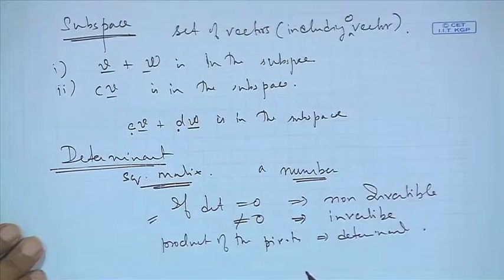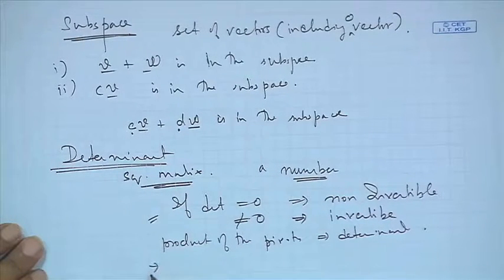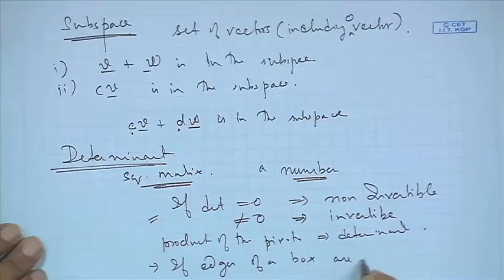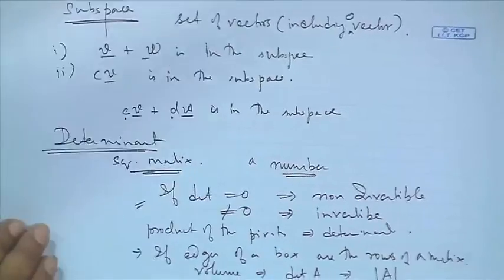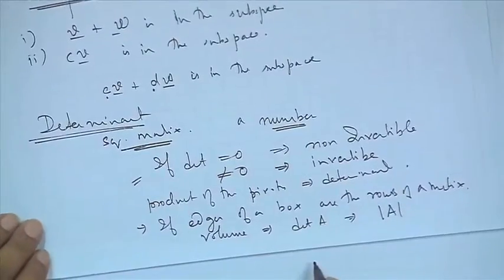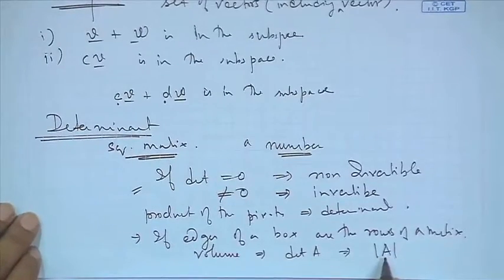Another easy way to remember: if the edges of a box are the rows of a matrix, then the volume is given by the determinant of A. The determinant of A could also be written as two straight lines around A or as det A. These are the two ways of writing the determinant.